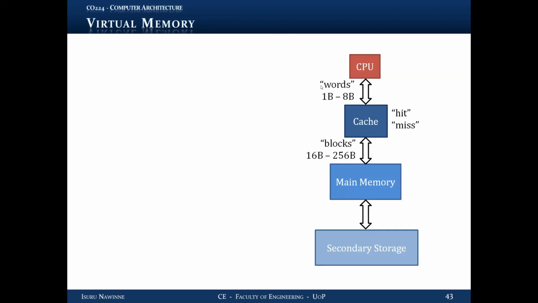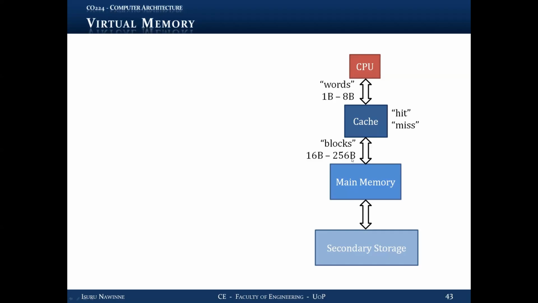The CPU, we say, accesses data words, and the data word may be 1 byte, maybe 4 bytes, maybe 8 bytes. In 64-bit CPUs, we have 8-byte words. So the CPU accesses data as words, and those accesses may be hits or misses in the cache. Those are terms that we learned when we talked about caching. And we say the cache and memory deal with blocks.